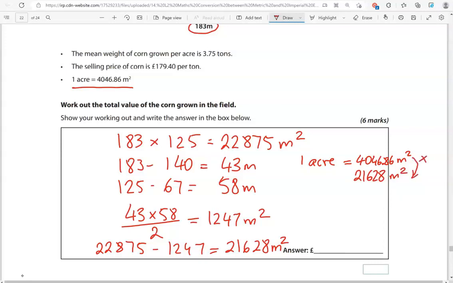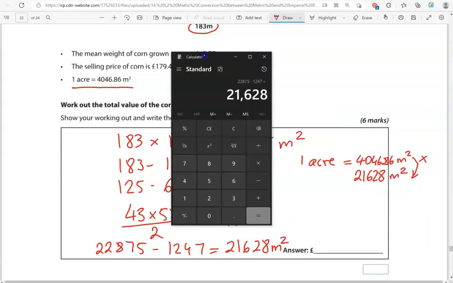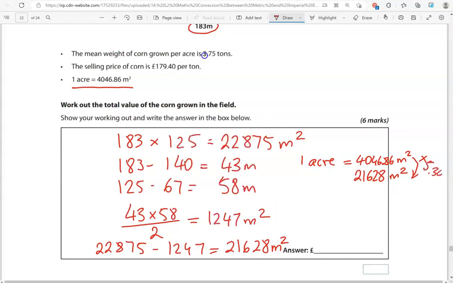So to work out that multiplier there, I'm going to do 21,628 divided by 4,046.86, which is 5.34. I'm going to keep the number as it is there. So 1 times 5.34 gives us 5.34 acre.